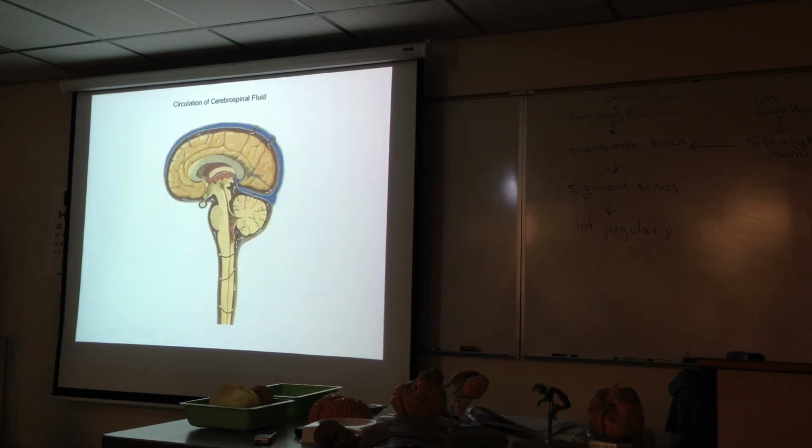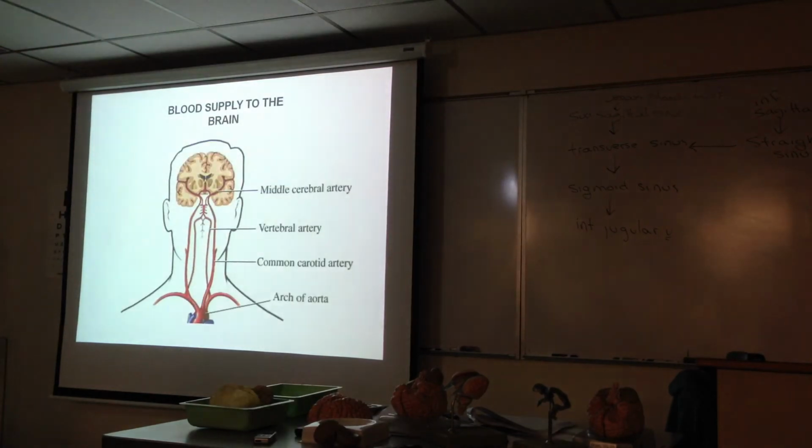Here's another view. So choroid plexus of the lateral ventricle, choroid plexus of the third ventricle, through the cerebral aqueduct into the fourth ventricle, out the median aperture or the lateral aperture or down the central canal, and then again circulating back up into the superior sagittal sinus.